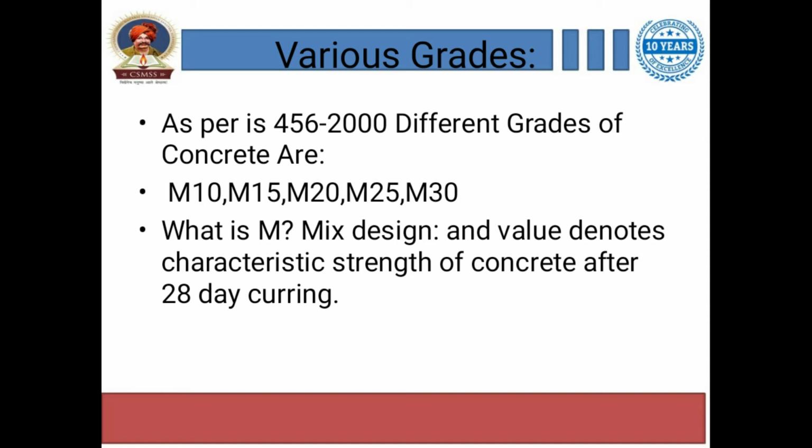Then the strength achieved by that concrete is nothing but the characteristic strength of the concrete, and we also notify that value as the grade of a concrete. Okay, so this is the grade of concrete, where M is the mix proportion and the numeric value shows the characteristic strength or the compressive strength of the concrete.